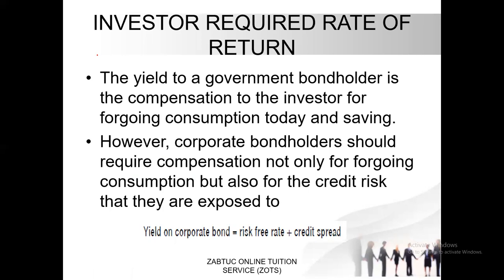Let us understand more this issue of default. How do we understand it? The yield to a government bondholder is a compensation to the investor for foregoing consumption today and saving.